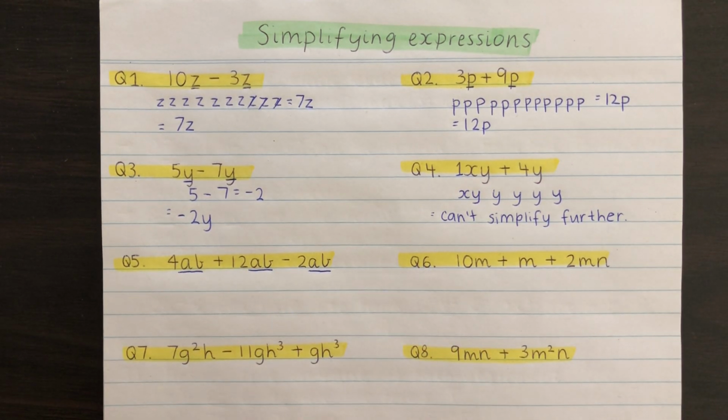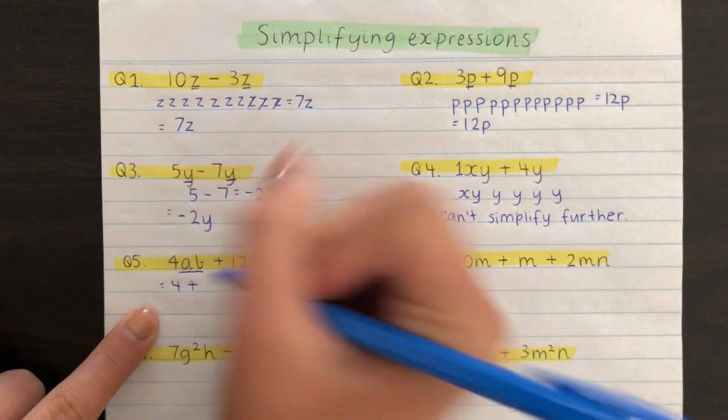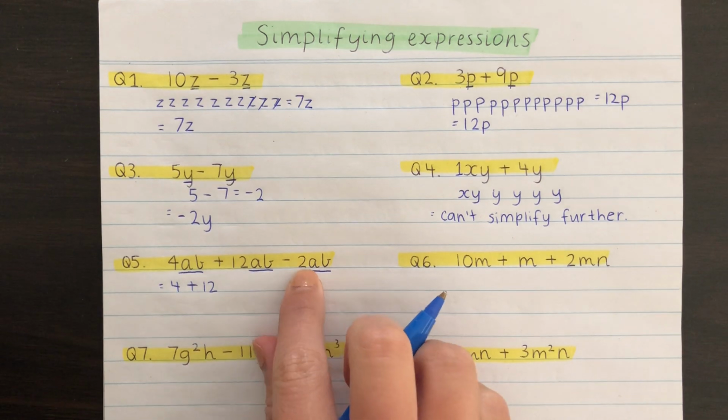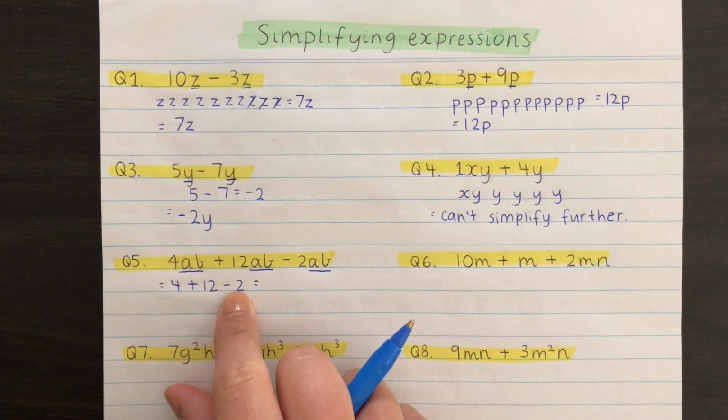Now what you can do here is just take all the numbers. So we have 4 plus 12 minus 2, and you calculate an answer.